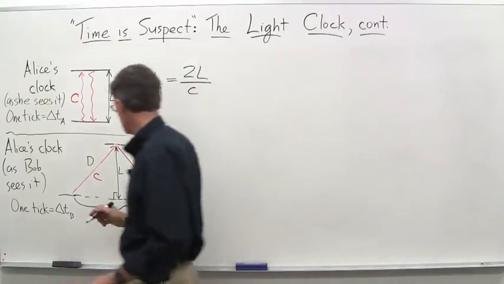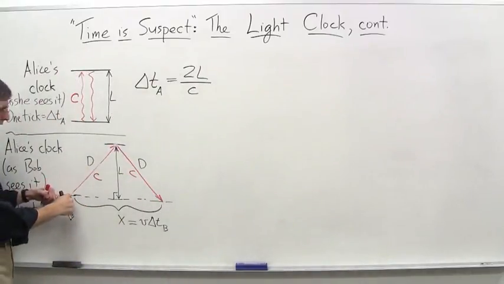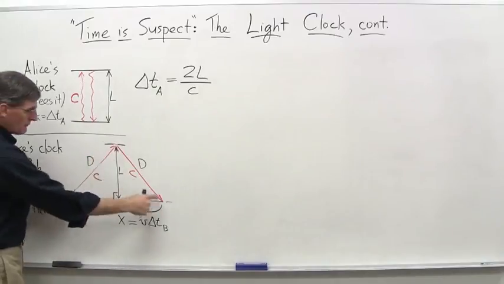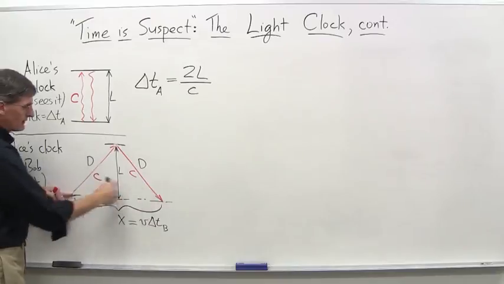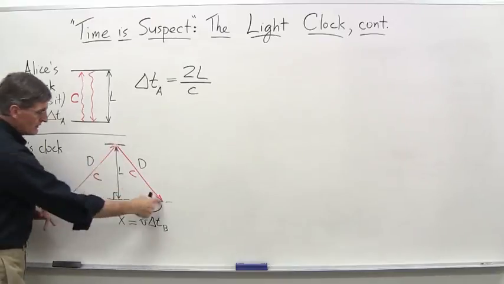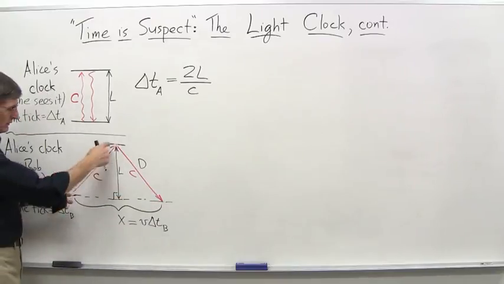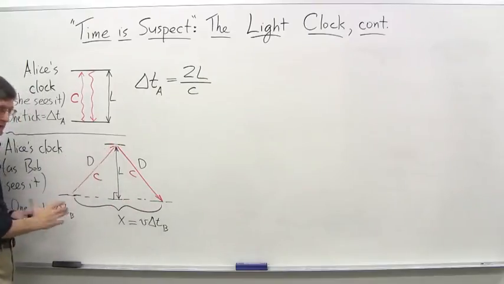But what can we see here? Well, here's the path of the light beam. Bottom mirror up to the top mirror, back down again. That vertical distance is L. We'll call this path length D. D up to the top, D back down. By symmetry, this length and this length are the same because it's a constant velocity motion as it goes along.